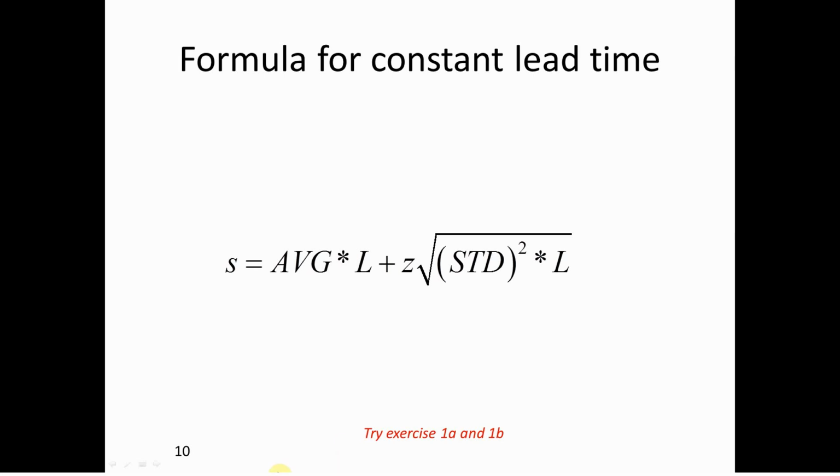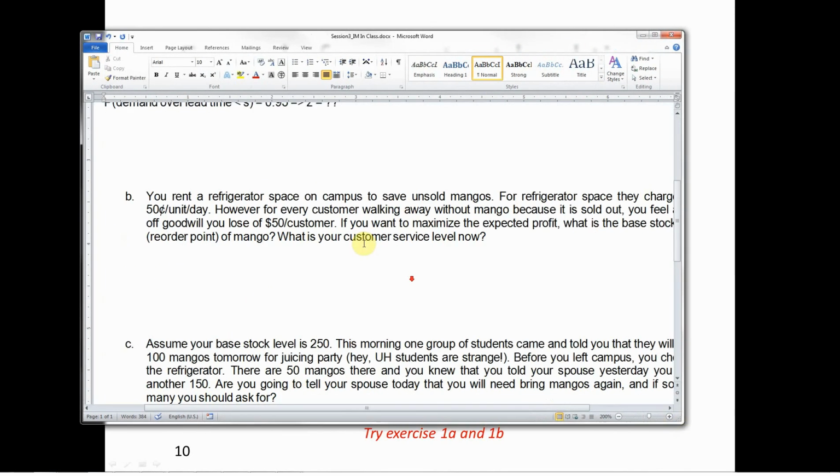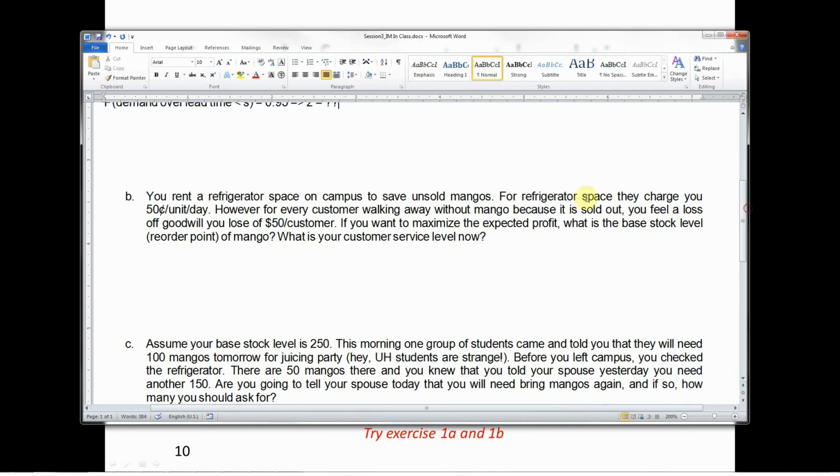1b is not much different. Looking at 1b, you're just going to have now some underage and overage. So the space they charge you is 50 units a day, and for every customer walking away without a mango because it's sold out, you feel a loss of goodwill of 50 a customer.